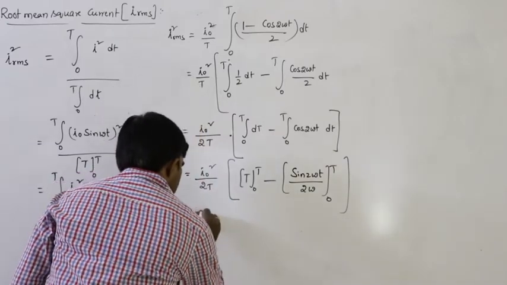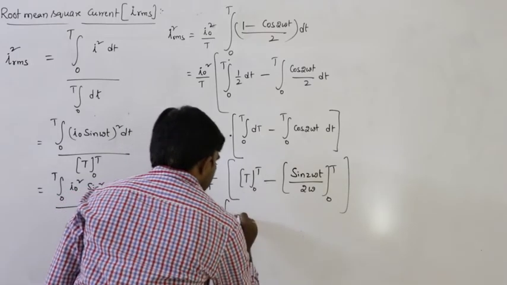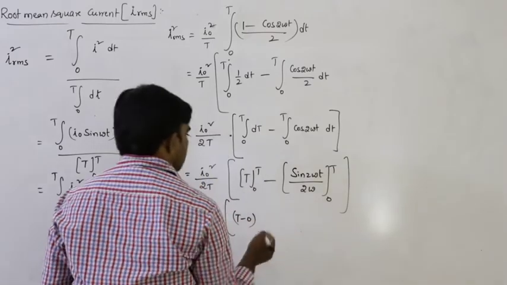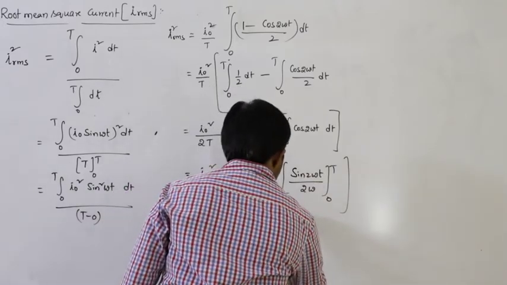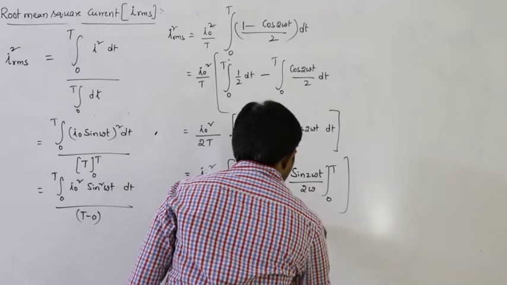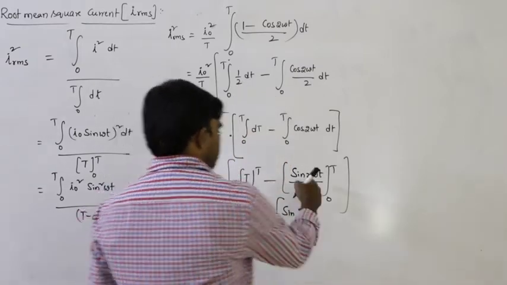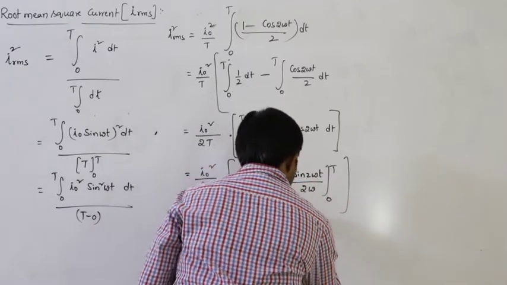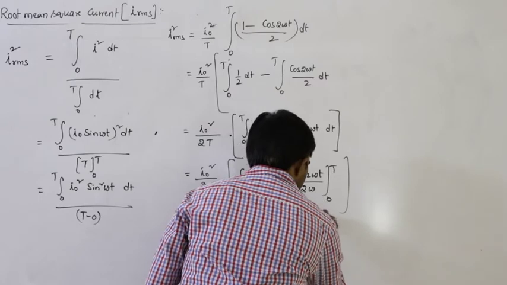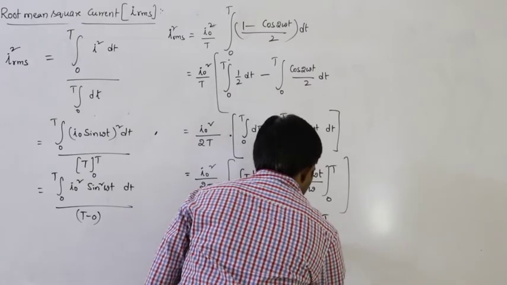So that is equal to I naught square by 2T into, substituting the upper limit, t minus 0, minus sin 2 omega t divided by 2 omega.